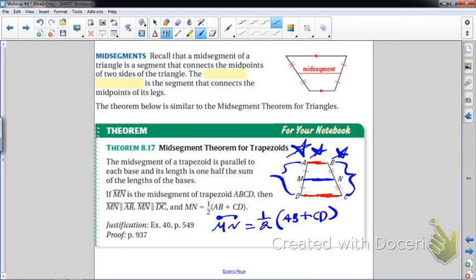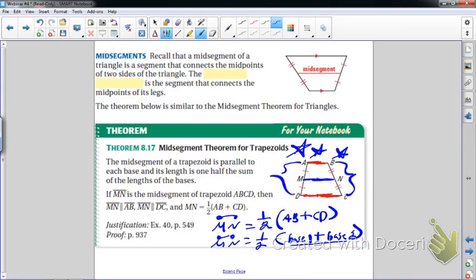What does that mean for us? We take half of the addition of base 1 plus base 2. I add these two, then divide by 2, and I should get the distance of MN. That's what I'm basically saying to you.